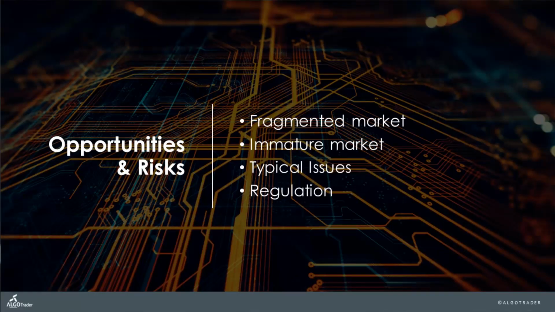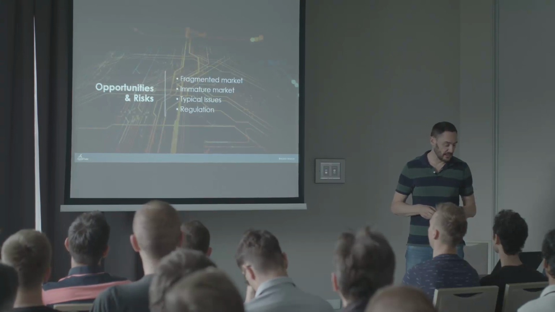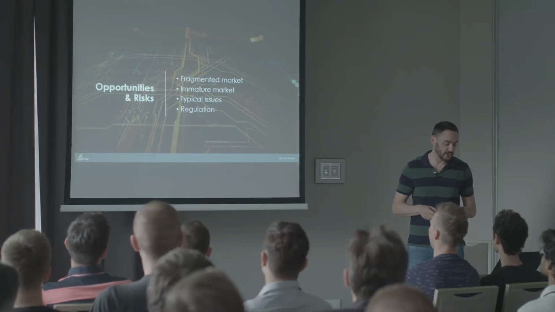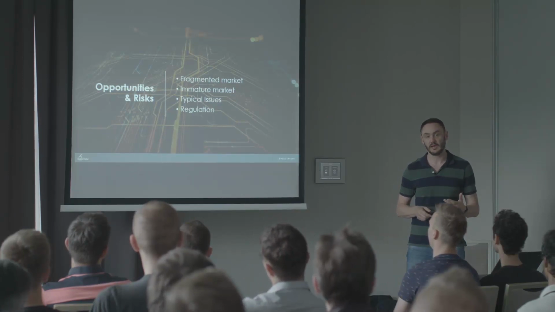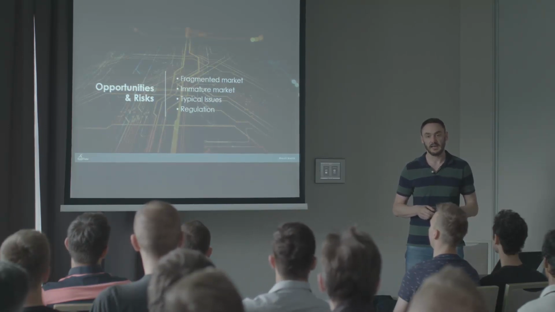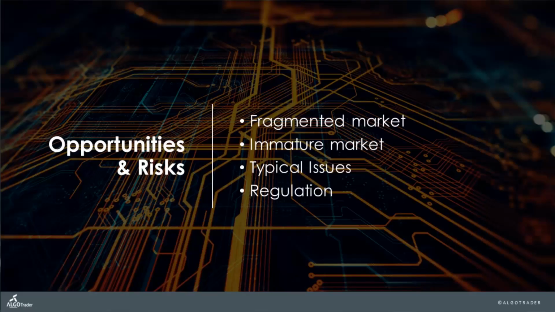So what are the opportunities and risks in this market? It's a very fragmented market. I mentioned that it's highly volatile. Price differences are huge, but this also bears a huge potential for trading companies because there is a lot of volatility in the space.